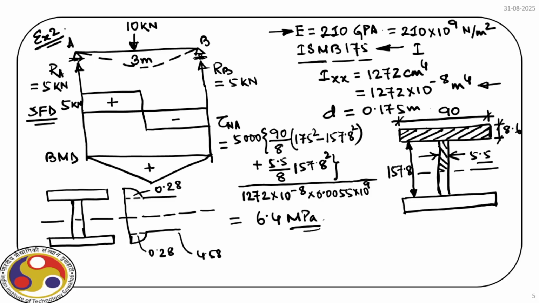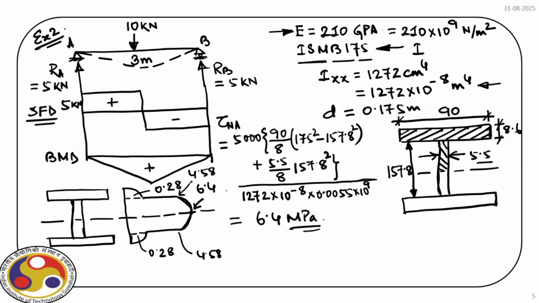And if you recall, the variation is again quadratic, so it will be a quadratic variation. And so this value here is 6.4. Here it is 4.58. Okay.